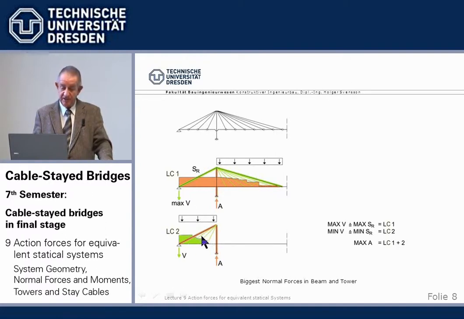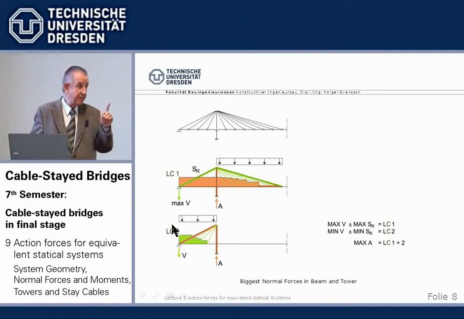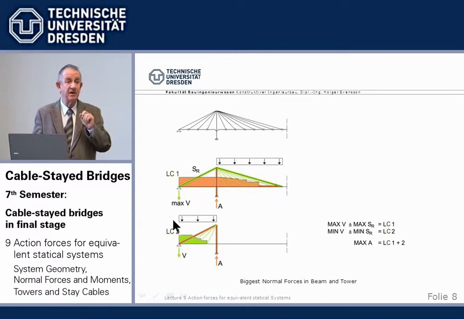So we build up a tension here in the beam, and that is carried or balanced by the horizontal component of the compression force here. So be aware, we can get not only compression in the backstay from side span loading, but also tension in the beam.